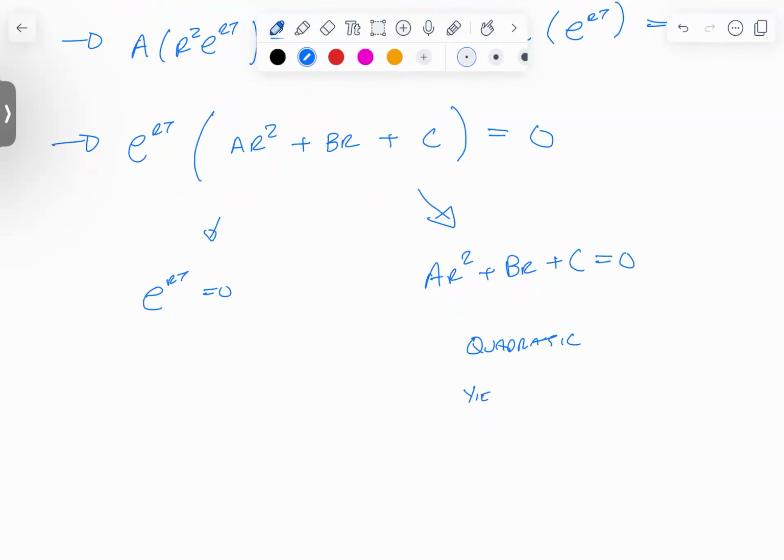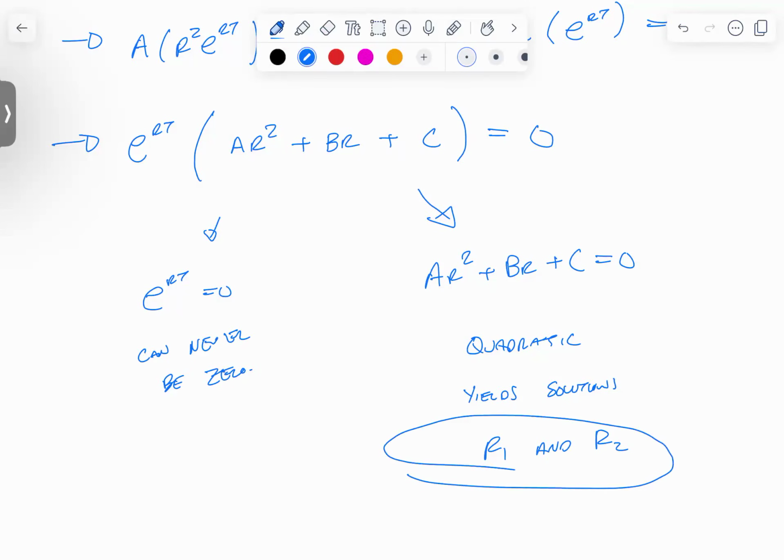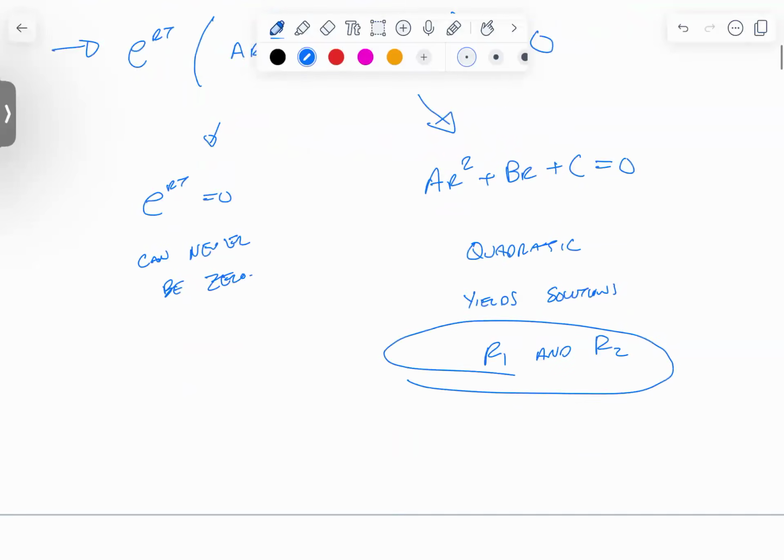We're going to start with the case where this yields solutions r1 and r2. Over here, e to the rt, what's the graph of e look like? Where does it cross zero? It never does, so it can never be zero. Which means the only solutions are the two solutions to the quadratic.